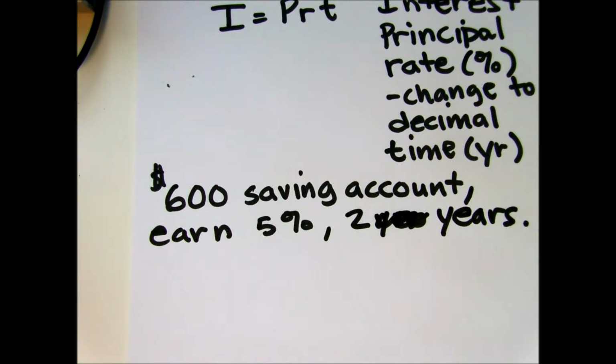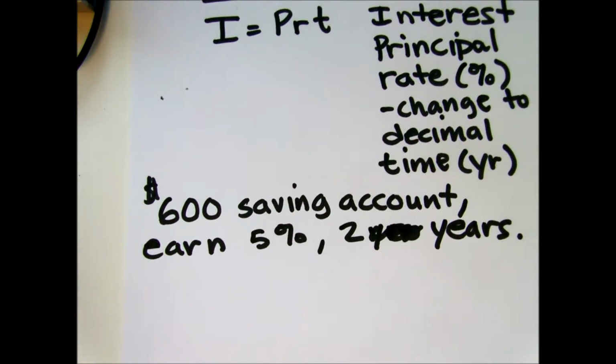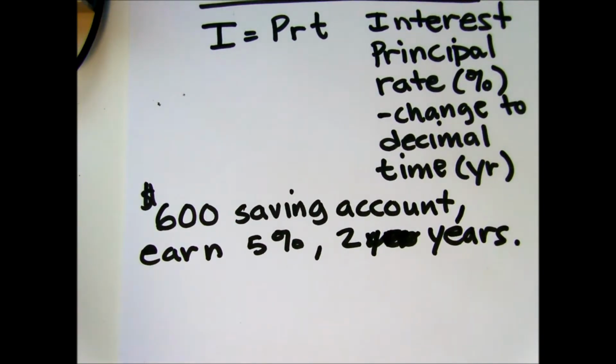But generally, it might read something like, a man put $600 in his savings account that pays 5%. He plans to keep the money in the account for 2 years. Okay, so I just kind of wrote it briefly here. But let's focus on the parts of the formula and how we're going to use them.